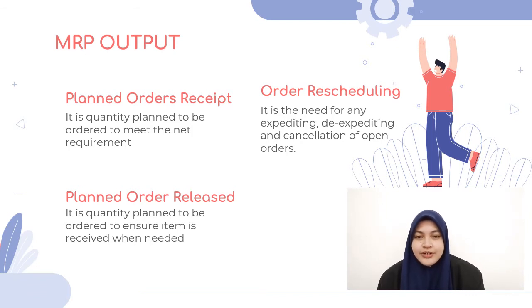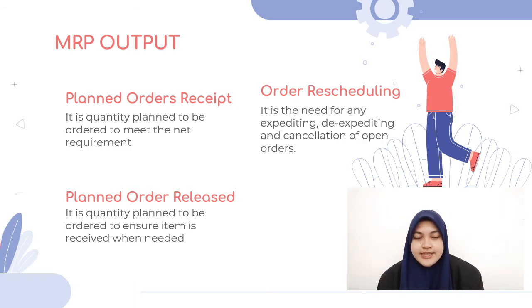Secondly, Plan Order Release. This is the order quantity of an item that is planned to be ordered in the planned time period for this order that will ensure that the item is received when needed. Plan Order Release is determined by offsetting the planned order received by the procurement lead time of that item.